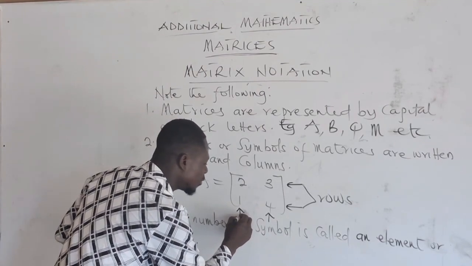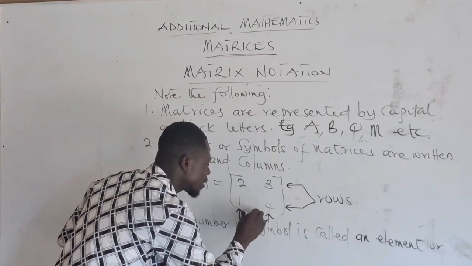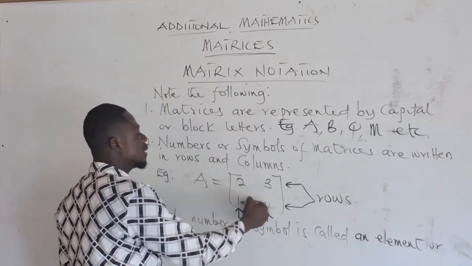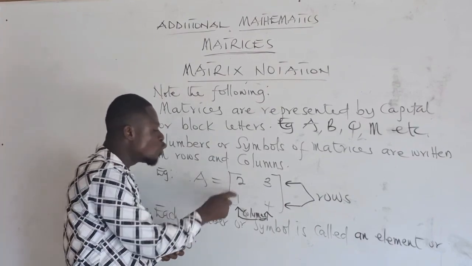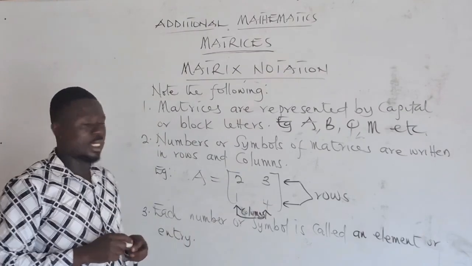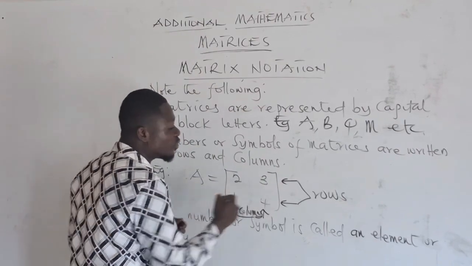So we have this and that as columns: column 1, column 2. In the first column we have 2, 1. In the second column we have 3, 4. In the first row we have 2, 3. In the second row we have 1, 4.